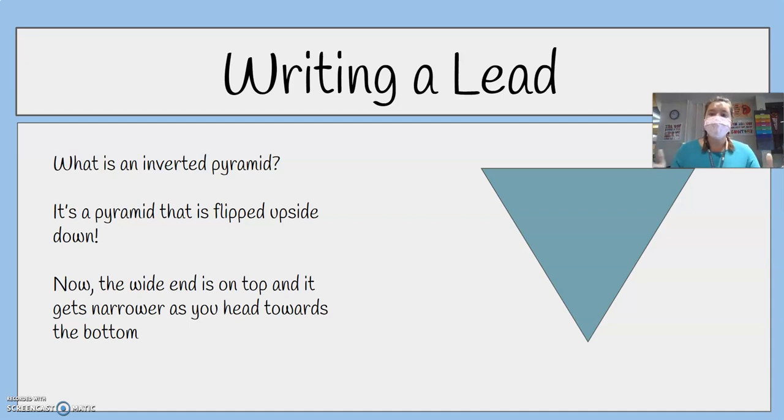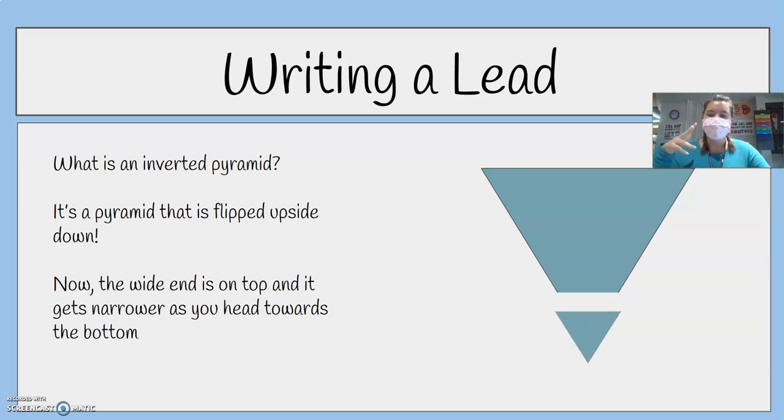We have to answer the 5 W's to explain what's going on in the story in those very first sentences. It's who, what, where, when, and then why or how. That's really broad, all kinds of information, and then as you get going, you narrow your focus more and more.